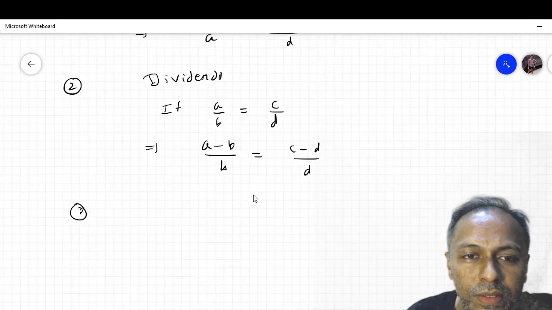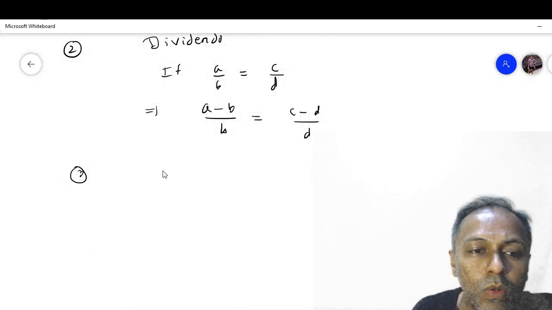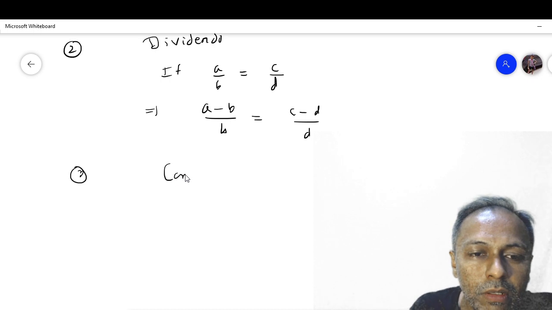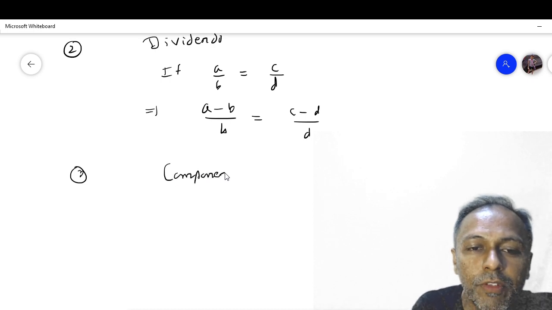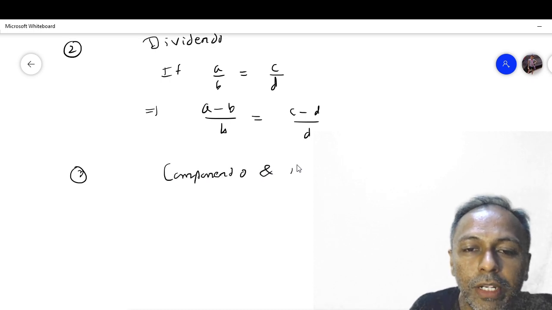In many problems we use componendo and dividendo together. So when we use that property, we will write by componendo and dividendo.